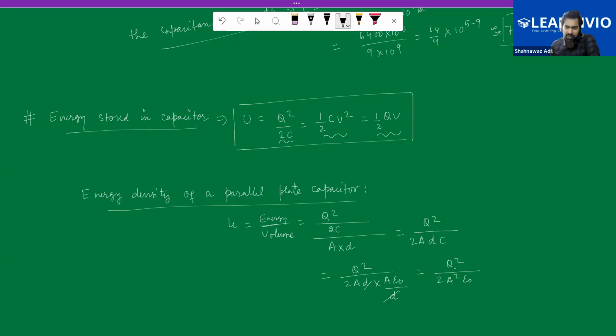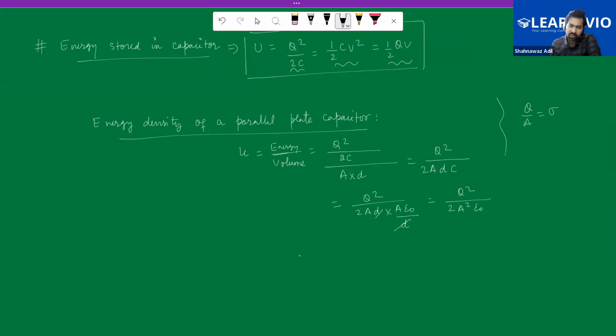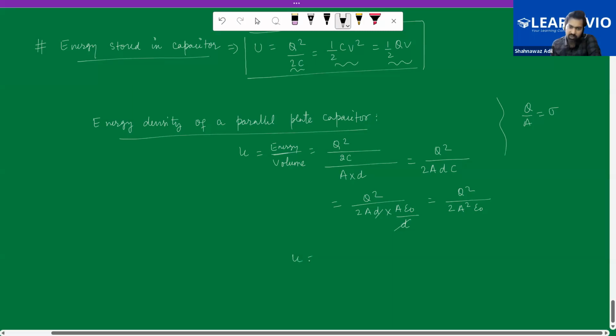So what is Q square by A square? Q by A is sigma. So u would be sigma square by 2 epsilon naught.